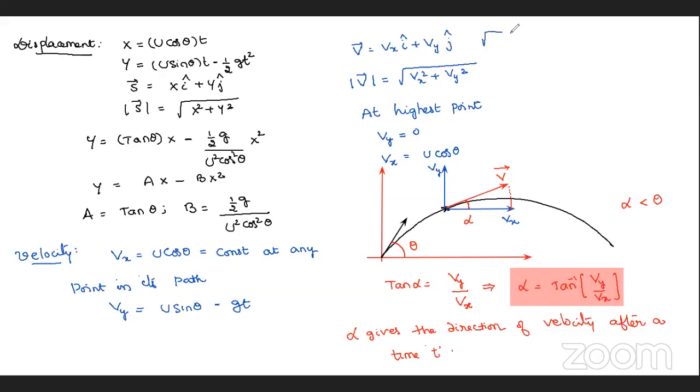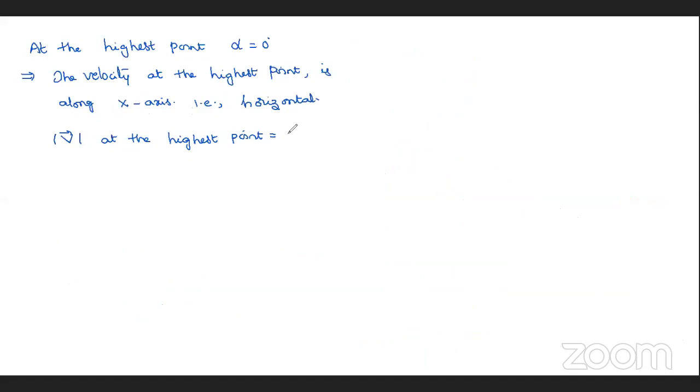Root of Vx square means square root gets cancelled. You will get Vx. That Vx value already you found here, that is u cos theta. So here we are writing in the next page that mod V bar at the highest point equals Vx, that is equals u cos theta.